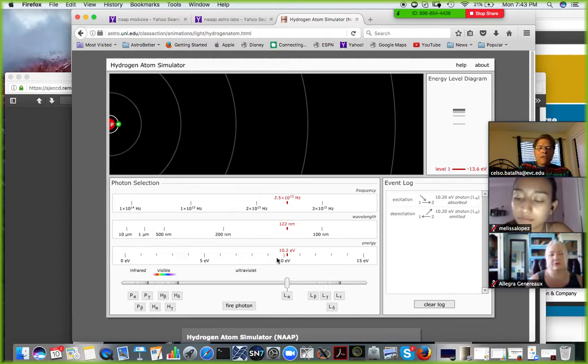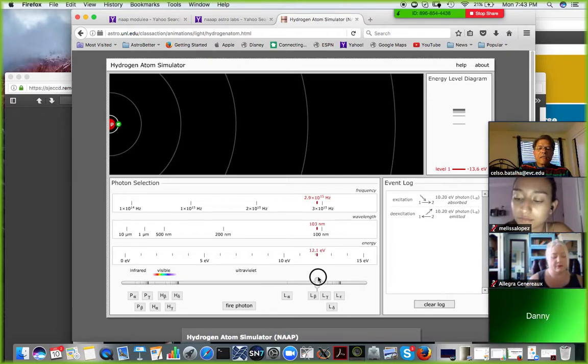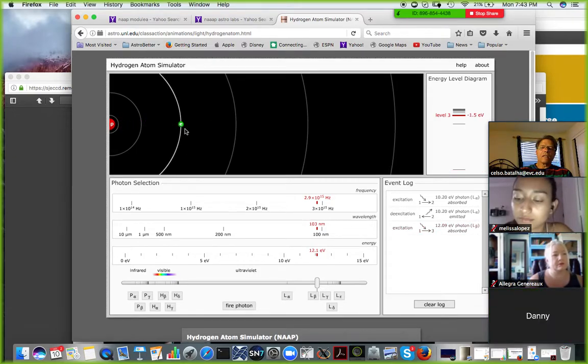So I could, for instance, send out a different photon, like this one, more energetic, and send the electron to a farther orbit, and eventually the electron cascades down, sending out a photon and then another photon.